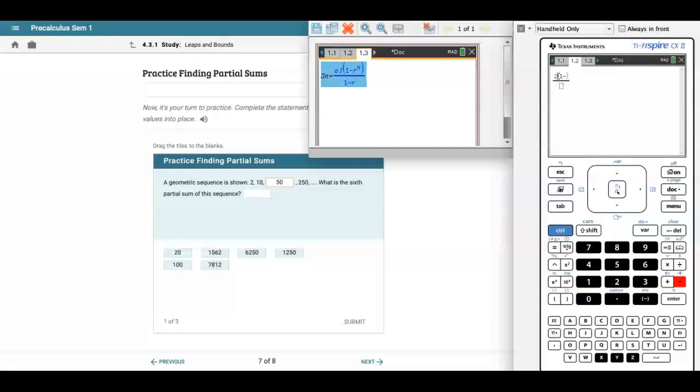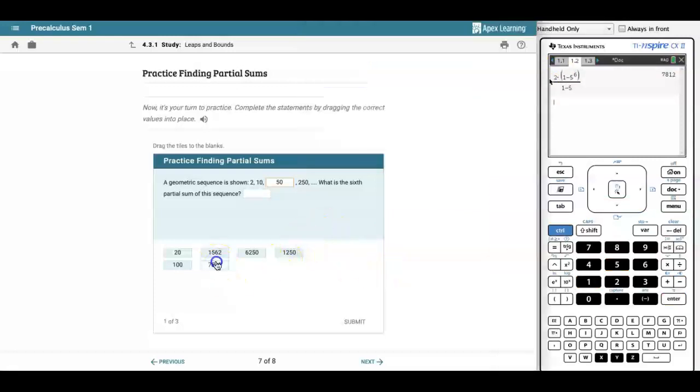My r value is 5 because I do 10 divided by 2, so that's 5 to the power of 6, because I'm looking for the sixth partial sum. Then I'm going to divide by 1 minus 5. So my value there is 7,812. Let's check it.